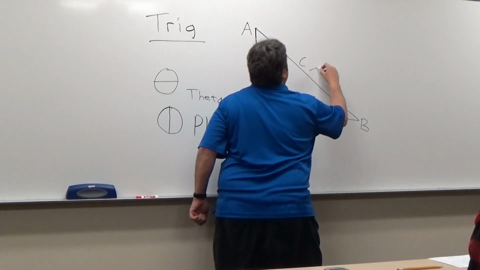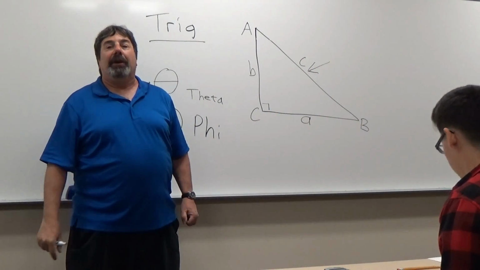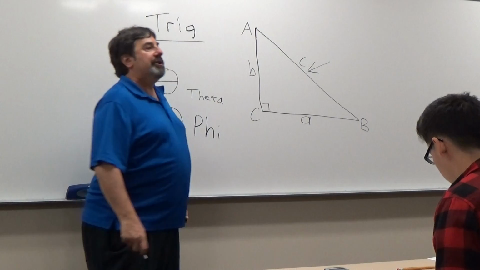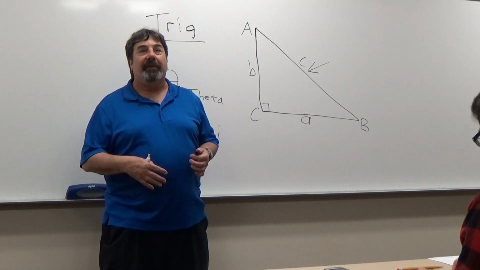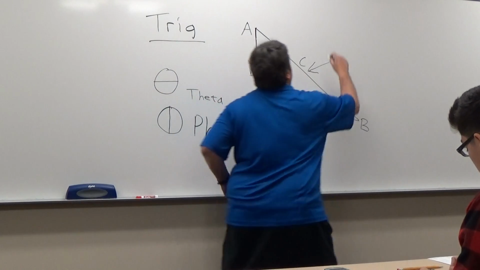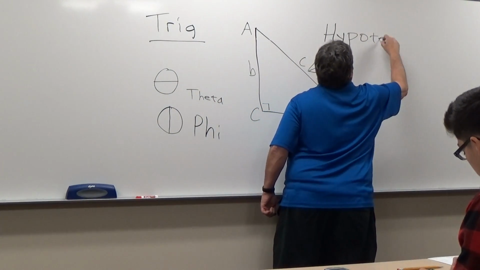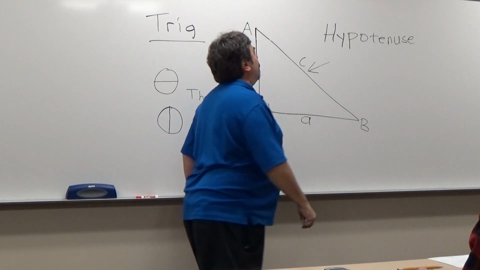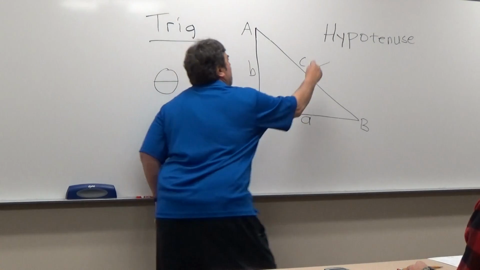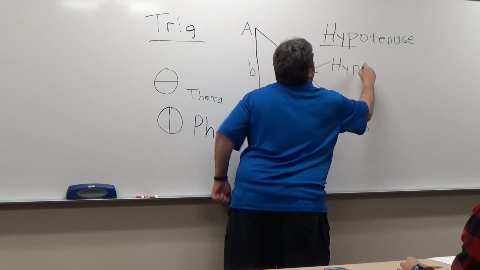So this side here, that's directly opposite the right angle, is called the hypotenuse, and you can abbreviate it as HYP. Hypotenuse, but I'm going to use HYP here to indicate that this is the hypotenuse.